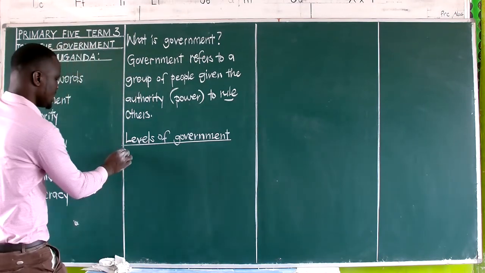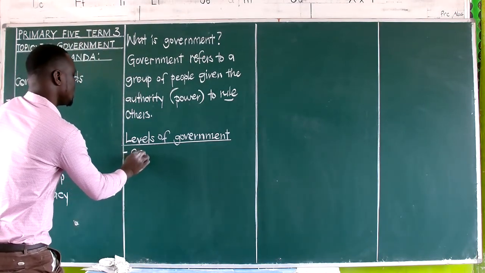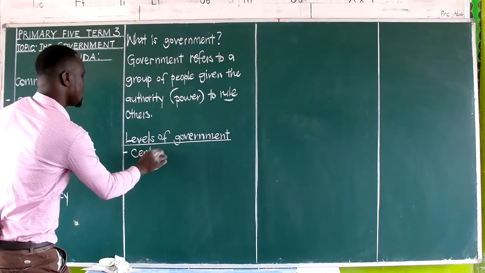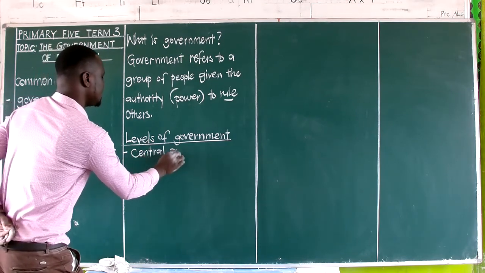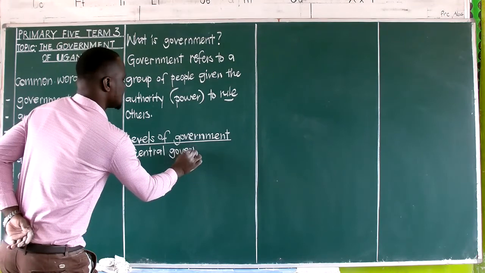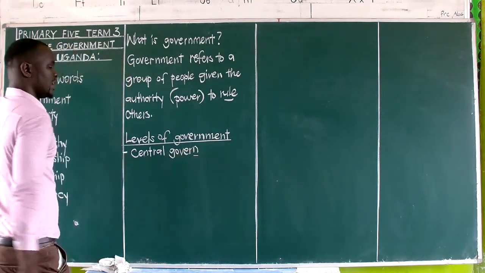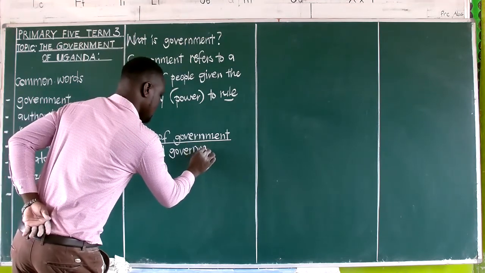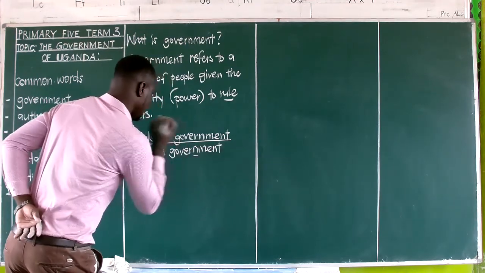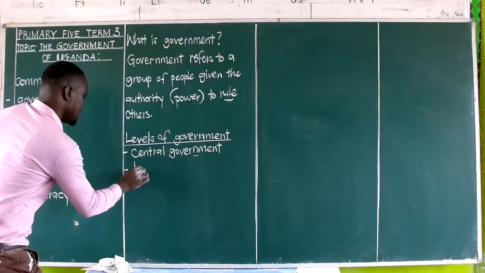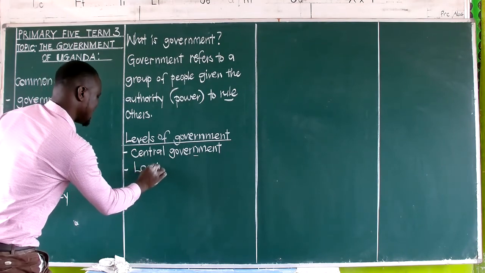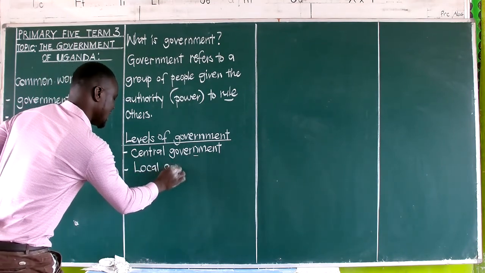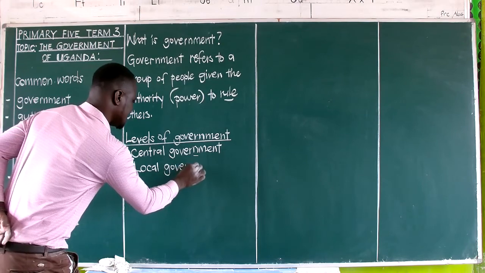Number one, we shall have what we call the central government. Remember I said, whenever we are writing government, there is that silent N. We have the central government, and then we shall also understand what we call the local government.